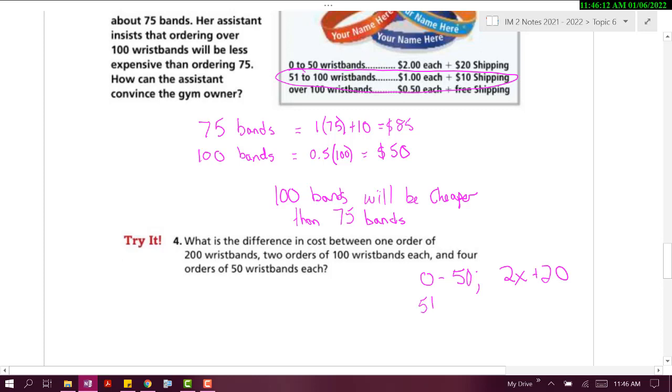From 51 to 100, they are $1 each plus $10 shipping. And then over 100, it's 50 cents each and no shipping, so that's it.